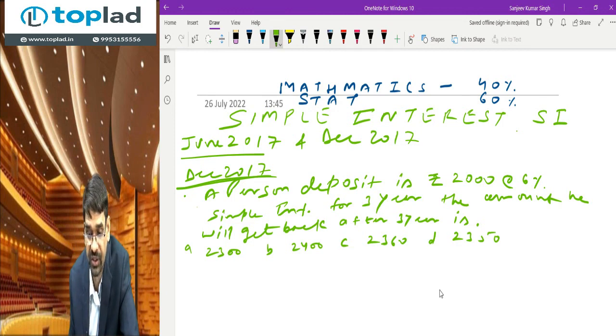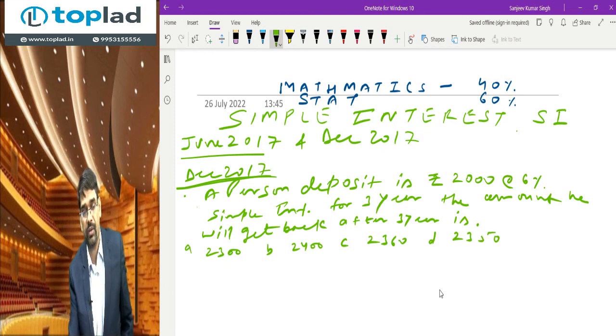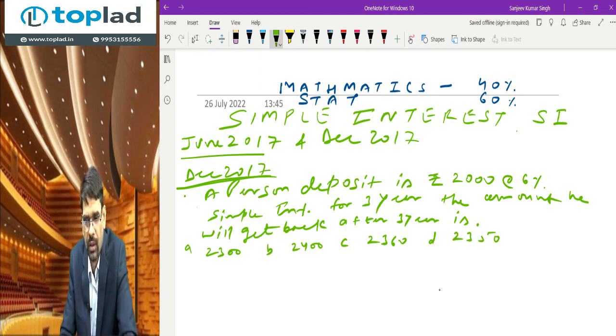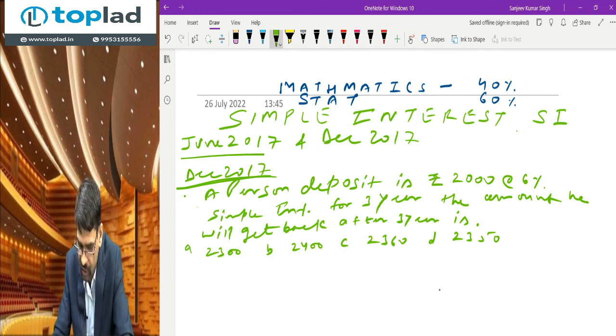I will give 5 minutes to solve this question. After 5 minutes, I will discuss this question. Try this question. This is the examination question asked in December 2017.